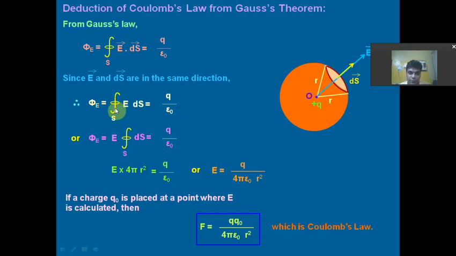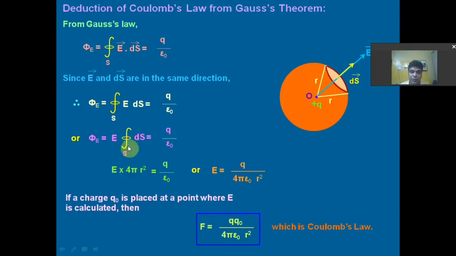So if I integrate over S of ds here, we get E into 4 pi r square, the surface area of this sphere. The electric field is taken along this side, and ds is an area vector which is taken along the electrical field, and the whole surface area of this sphere is 4 pi r square.